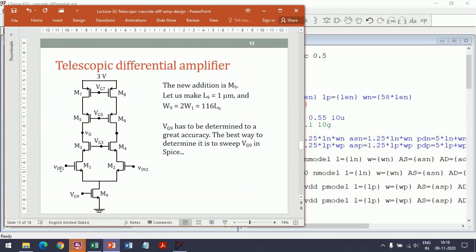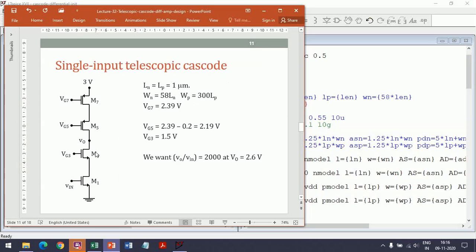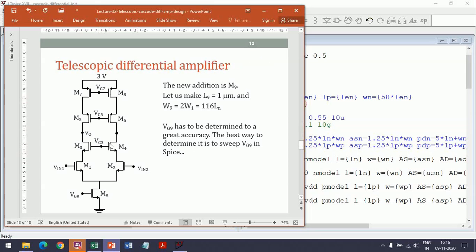Let's go back. So what value of DC voltage do we put at the inputs of M1 and M2? When we did the single one, it was some value, actually I have forgotten, I have not written it down because it was not important. It is 0.54, right?